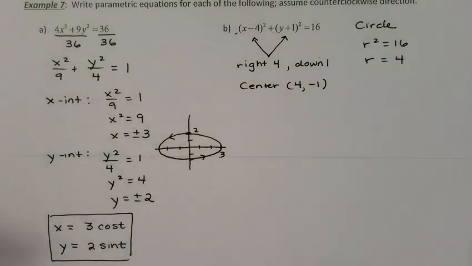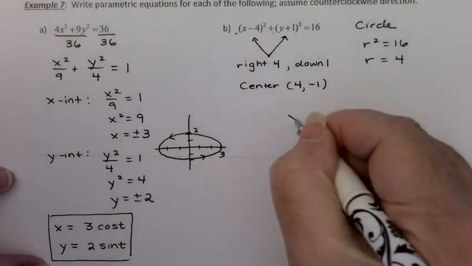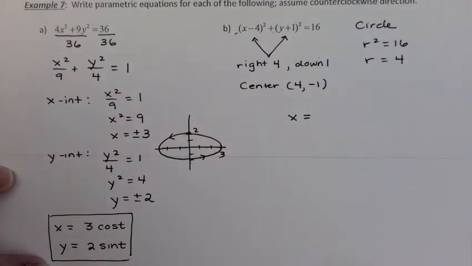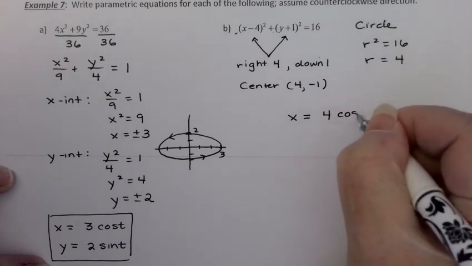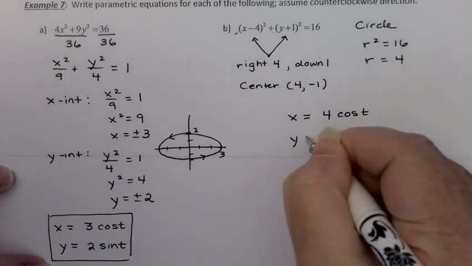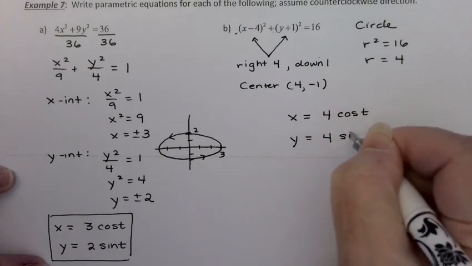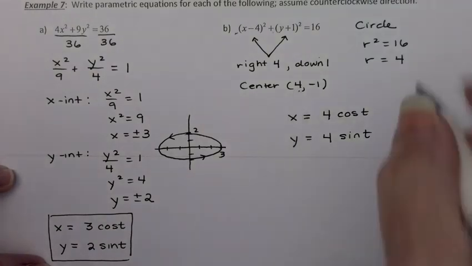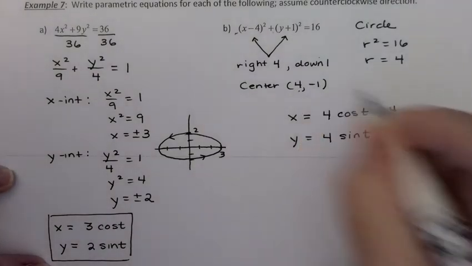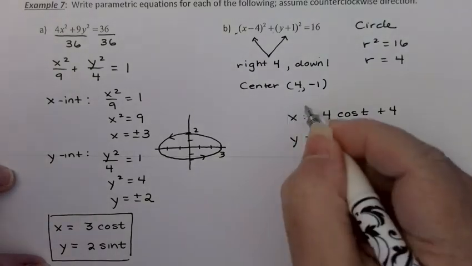All right, let's write our parametric equations. X equals, radius is 4, so 4 cosine t, and y would be 4 sine t. And then to get the correct shift, I'd have to do a +4 on the x and a -1 on the y.